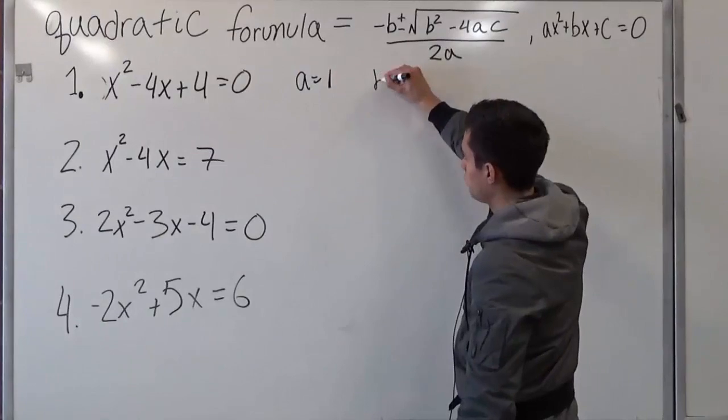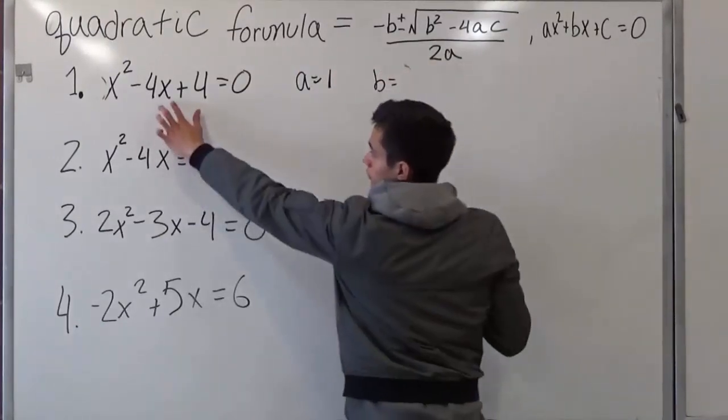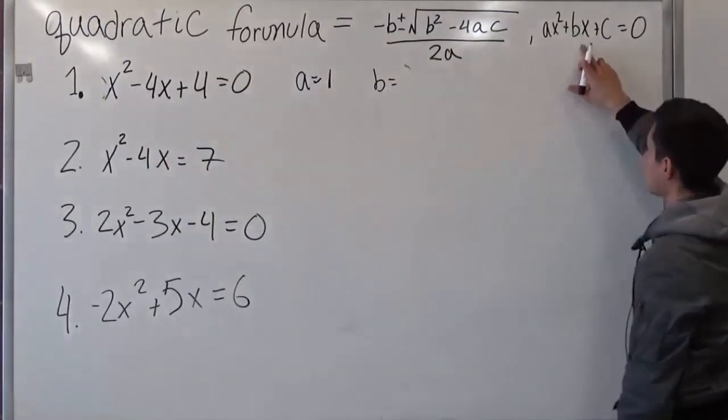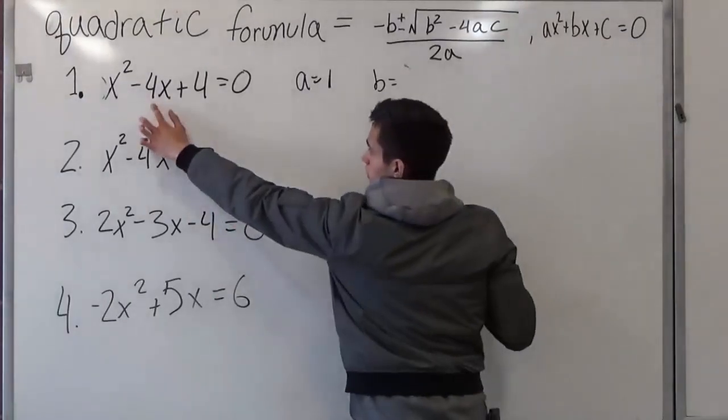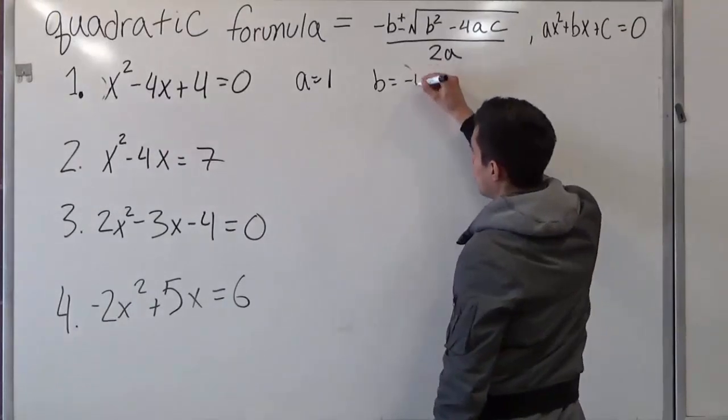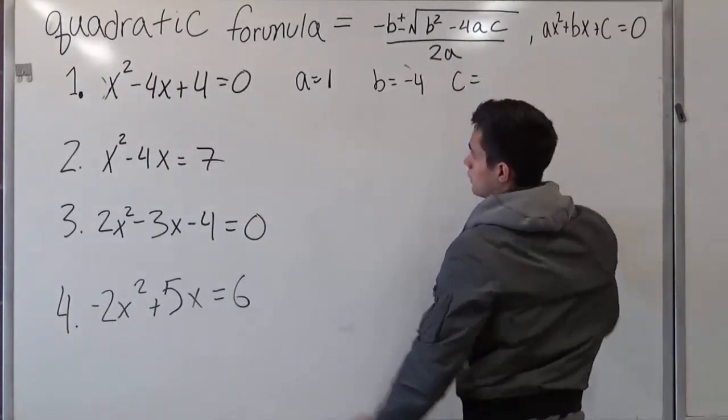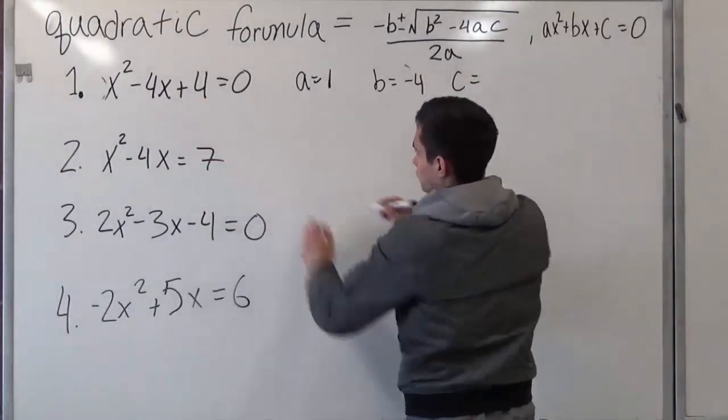And b is equal to negative 4, because remember, in this formula, what's next to the x is this number, which is negative 4. And c is positive 4.